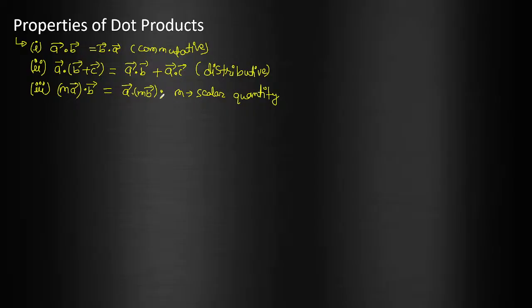Fourth, I vector dot I vector is equal to J vector dot J vector equal to K vector dot K vector, which is 1, and I dot J, I dot K, K dot J are equal to 0.